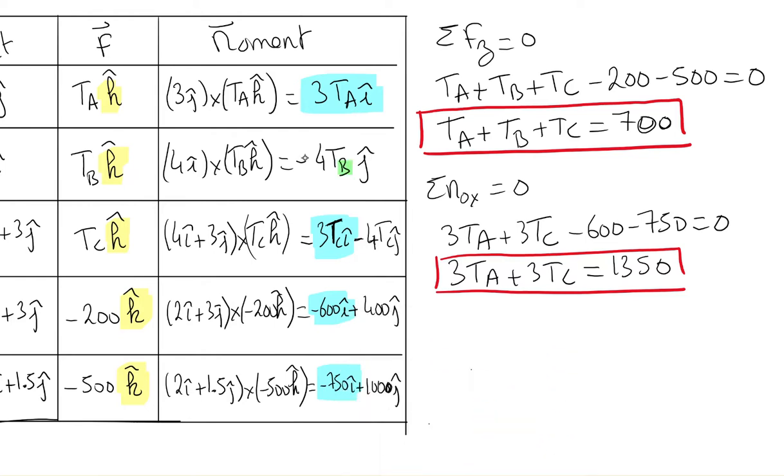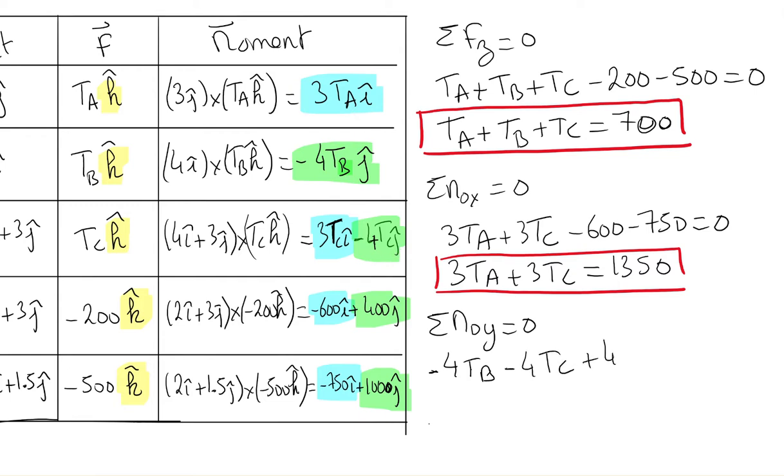Now for moment on J hat, we have this one, this one, this one, and this one. And that's our equation, sum of the moment about O on Y is equal to 0. So for TB, minus 4 TC, plus 400 plus 1000, it's equal to 0.